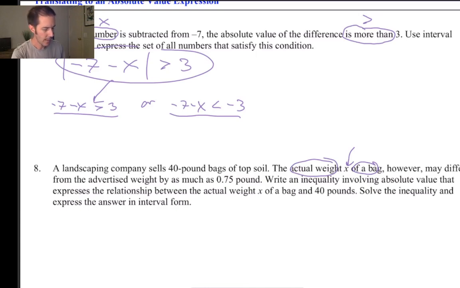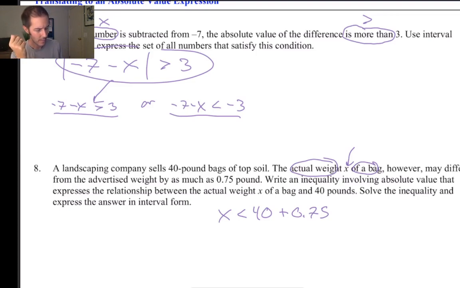So the actual weight of our bag must be less than 40 pounds plus 0.75, because they could differ by as much as 0.75 pounds, which means your 40-pound bag of topsoil could conceivably weigh 40.75 pounds.